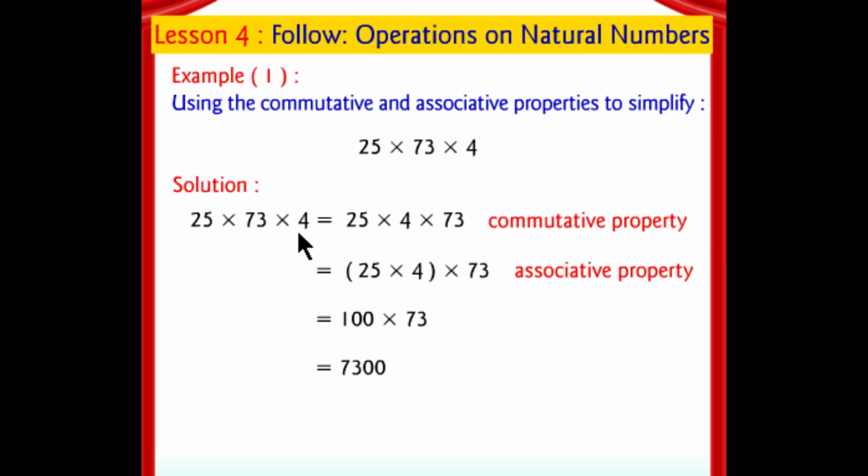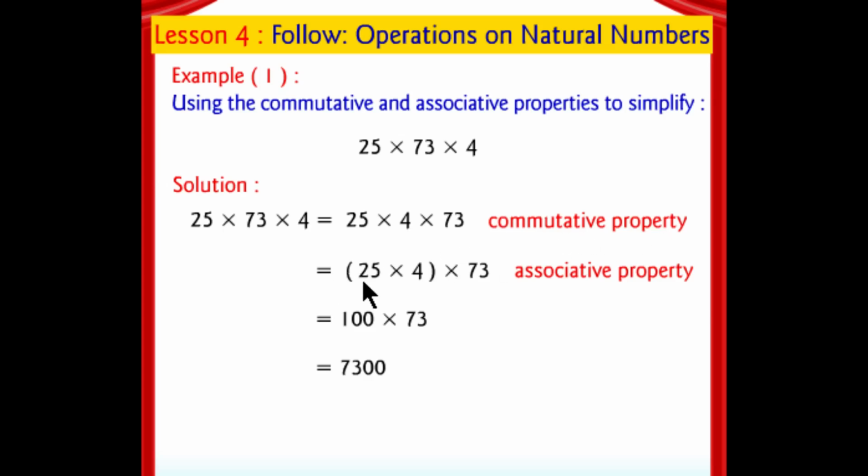At first, use the numbers: 2 times 5 equals 10, or 4 times 25 equals 100, or 8 times 125 equals 1000. Move 4 to be beside 25, to be 25 times 4 at first, times 73. Commutative property.